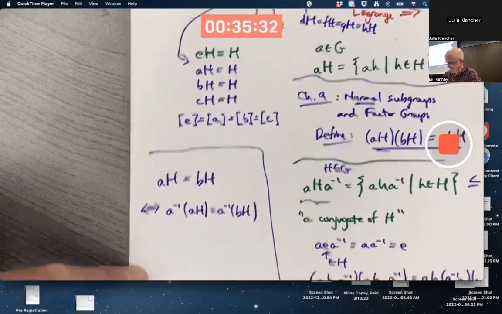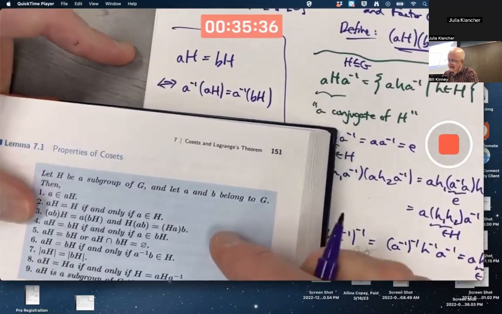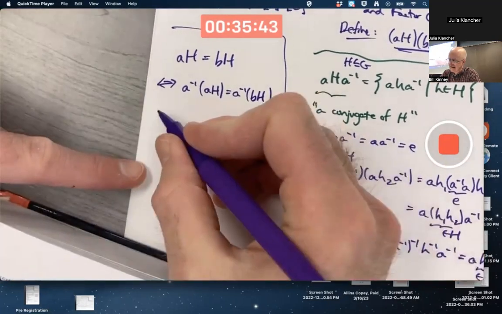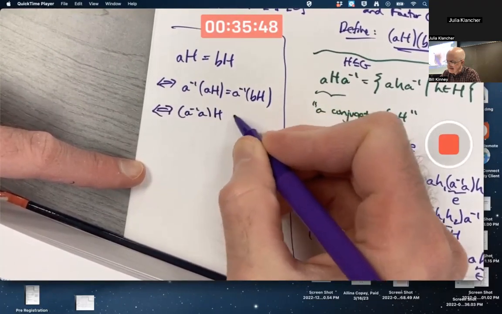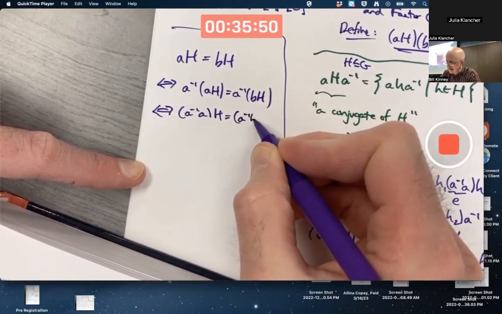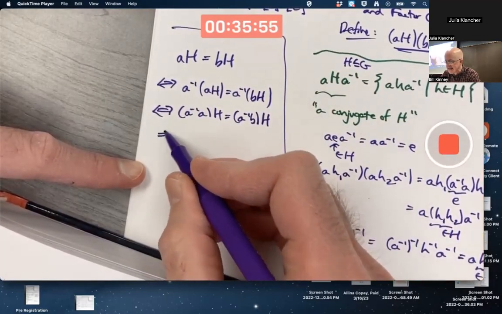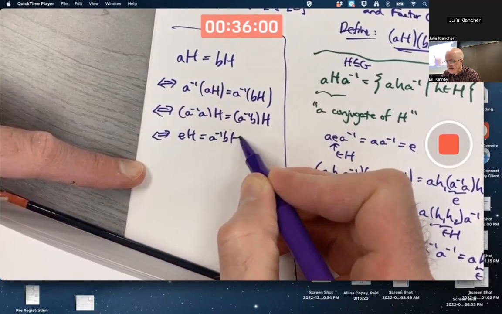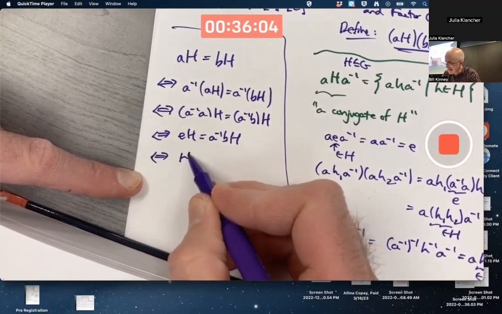And if we could, I guess property 3 would say I can change where the parentheses are, like this. And hey, A inverse A is E. And EH does equal H because E is in H.